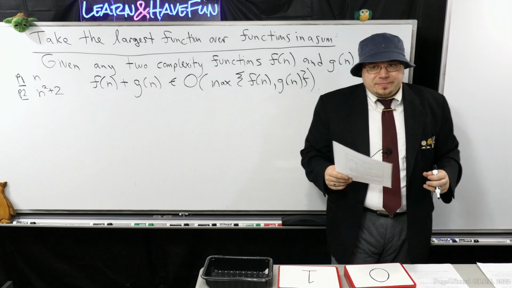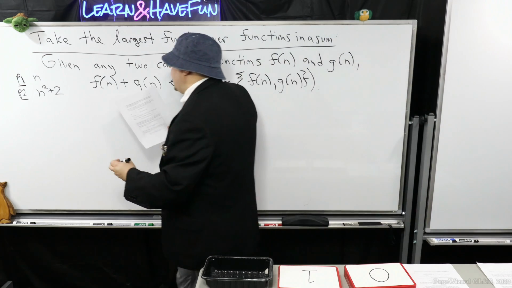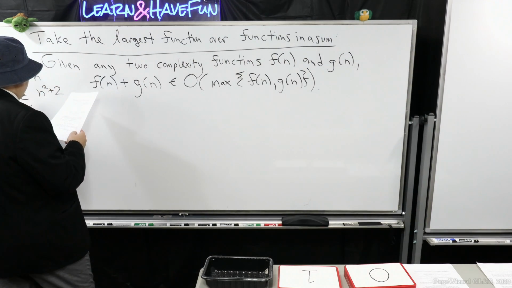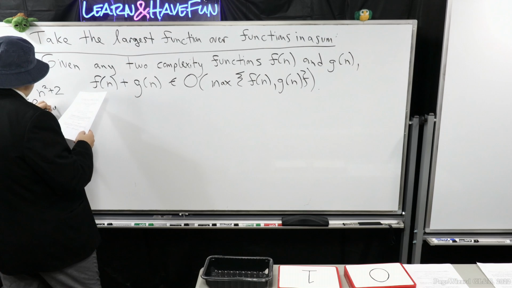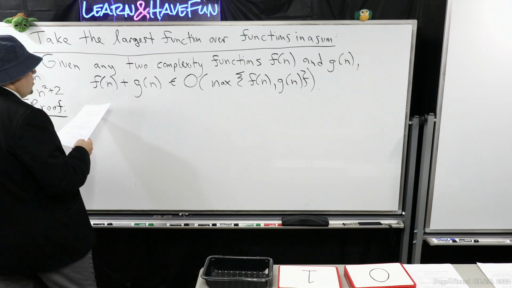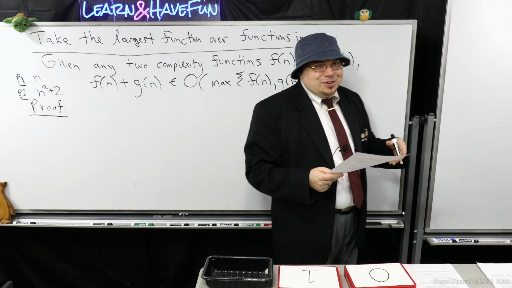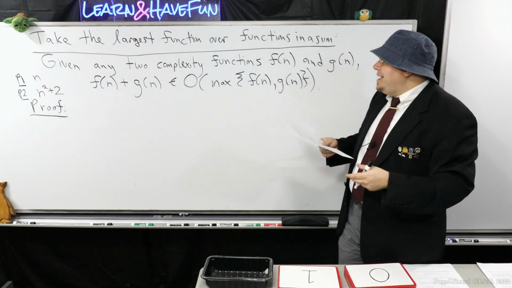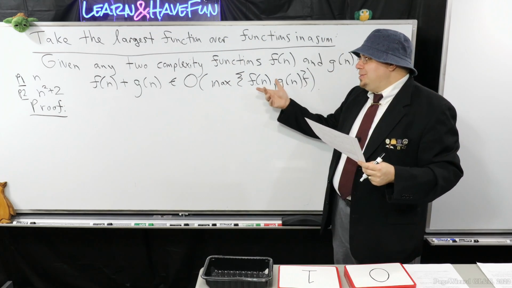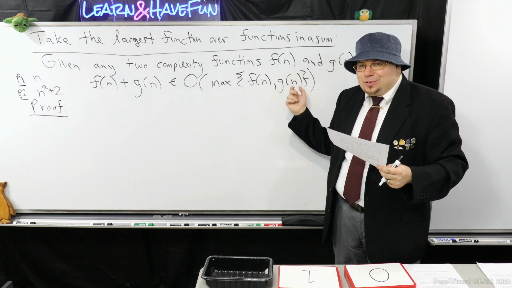Okay? This is what we're going to prove next. Ultimately, if you take the largest function over a sum of 2, you end up with the largest one at the end for the big O.